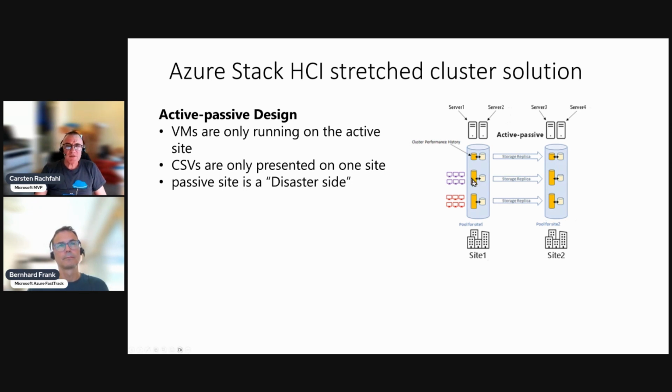And we replicate the volume here to the passive side, and all data that is written here is also on this side. So in the event of a catastrophe inside site one, the cluster will switch over all the volumes, or the volumes will be brought online inside site two, and the VMs will be started inside site two.